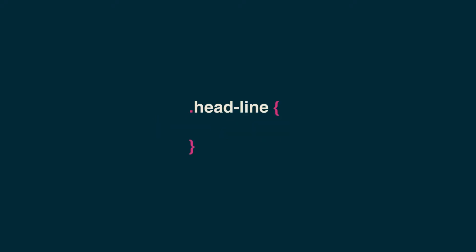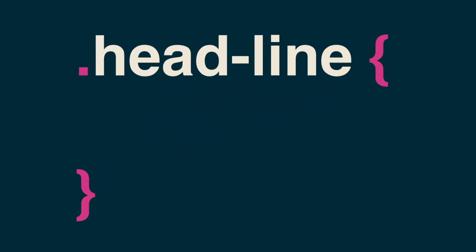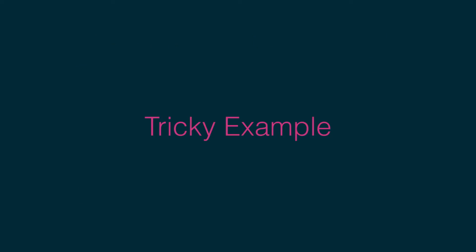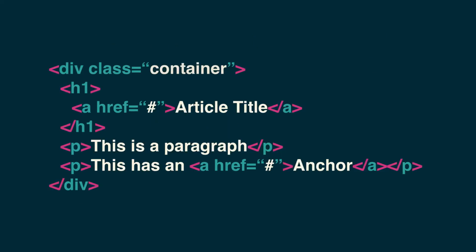So let's zoom in and give a tricky example. Say we have this hypothetical piece of HTML, and what we want to do is remove the underline of the anchor tag in the H1. All anchor tags, at least initially, have some sort of default style, and most browsers make them blue and underlined.